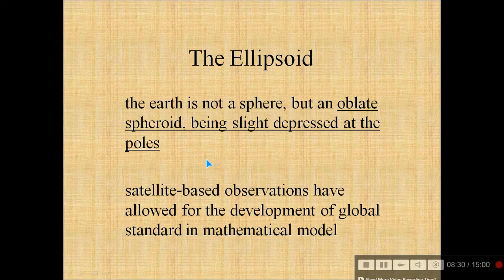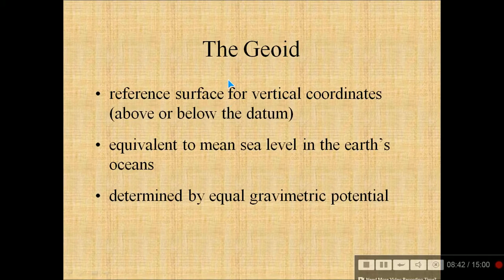Ellipsoid: the earth is not a sphere, we know it, but an oblate spheroid, slightly depressed at the poles. Satellite based observations have allowed for the development of global standard mathematical models. Geoid: reference surface for vertical coordinates, above or below the datum, equivalent to mean sea level in the Earth's ocean, and determined by equal gravimetric potential, that is, equipotential surfaces.